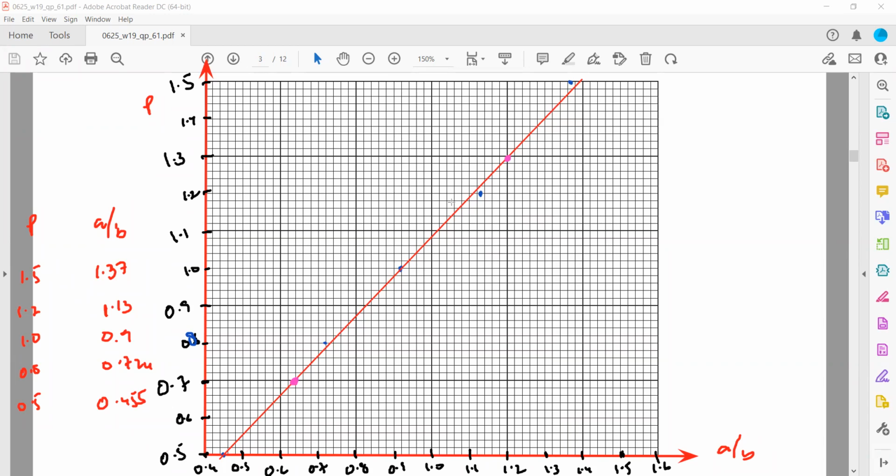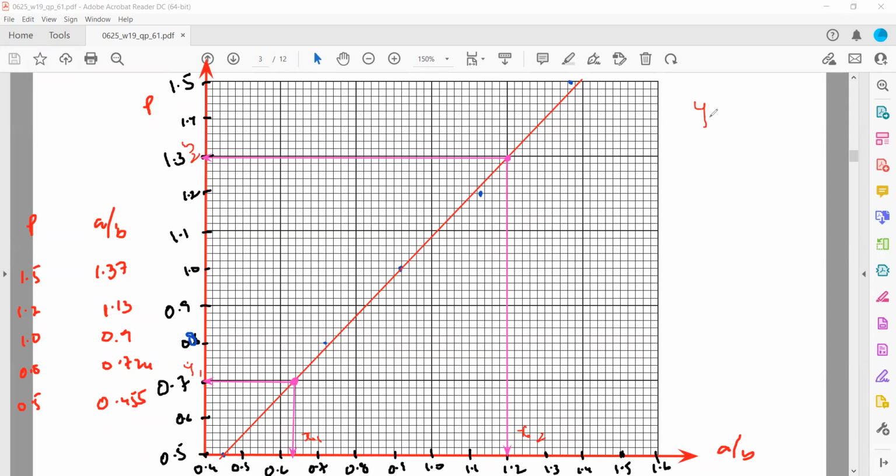So if this one, the first value on the x-axis, y-axis is y1. This one is the first point I marked. The first point on the x-axis is x1, the second point is x2. The first point on the y-axis is y1, and the second point will be y2.